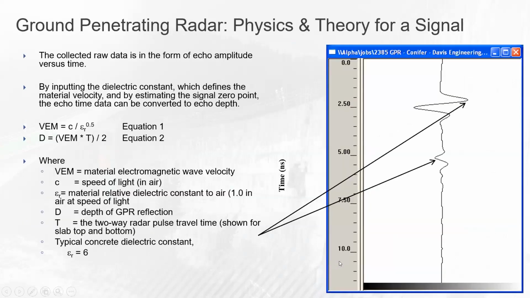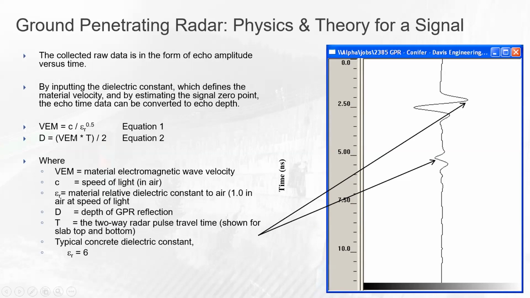So the raw data, which you don't normally see, but is shown here for a single pulse. And this is time in nanoseconds. And as it goes down, you see the reflection in time from the top of the concrete surface. It continues through it. If there was a rebar, you'd see another reflection in the middle. There's not. The bottom of the slab is right here, the second reflection.